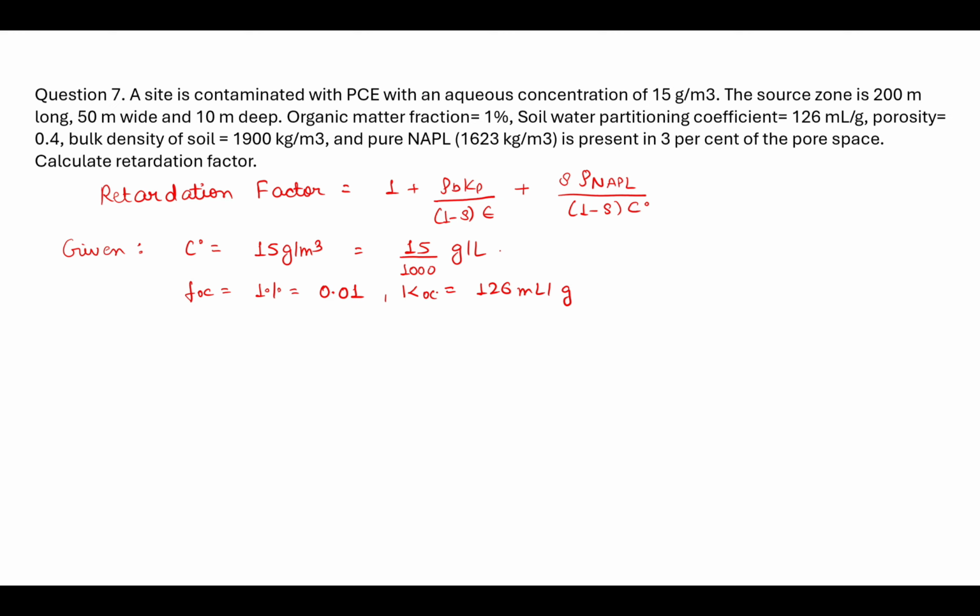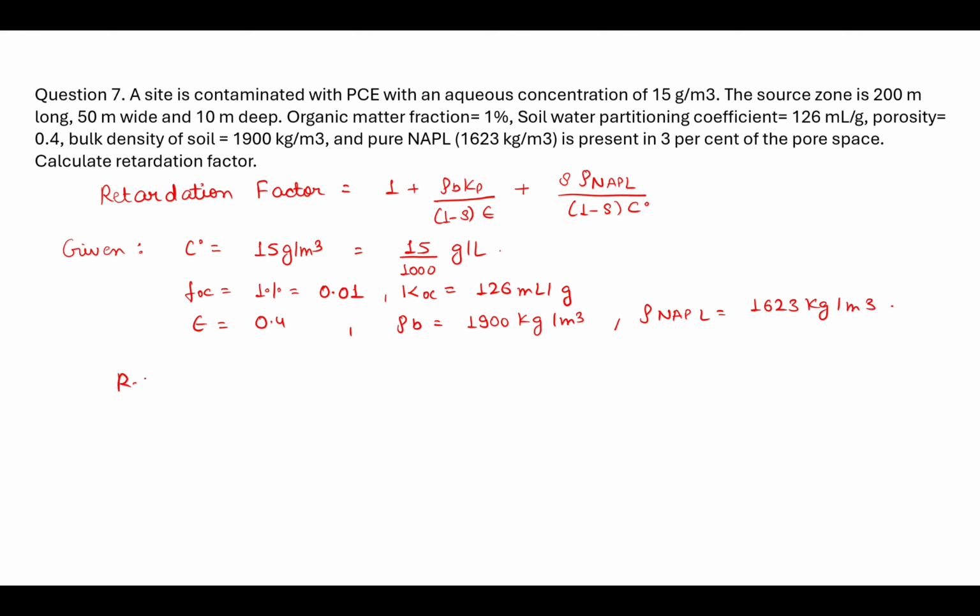Porosity is 0.4. Bulk density of soil is 1900 kg per meter cube, and density of NAPL is 1623 kg per meter cube.